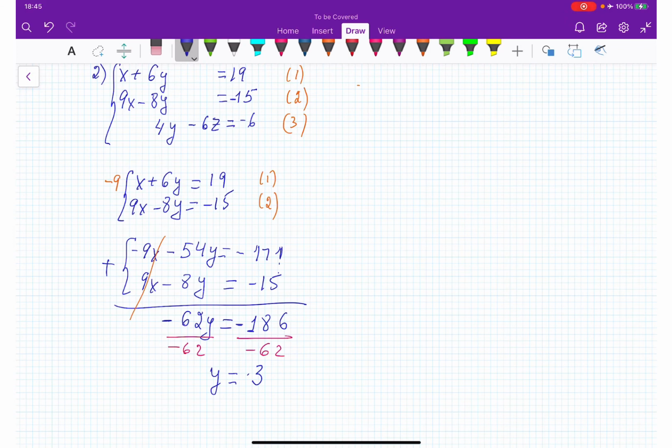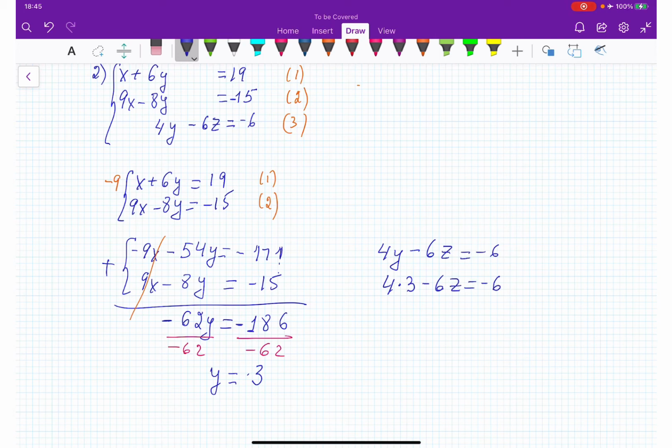So 4y minus 6z is equal negative 6. Instead of y, I am plugging 3. 4 times 3 minus 6z is equal negative 6.